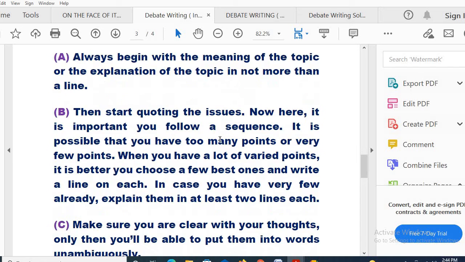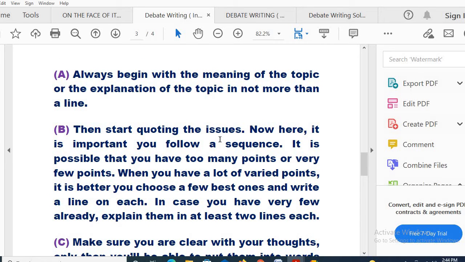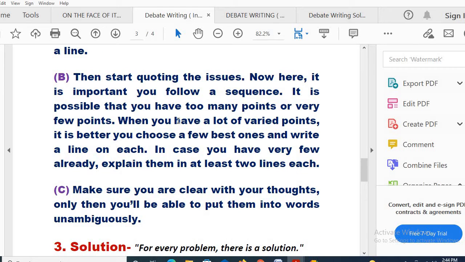Clear up to this? Obviously you have to specify and clarify the topic, so don't take more than a line to do it. I hope it is clear. Now the next one: start quoting the issues. Here it is important that you follow a proper sequence.